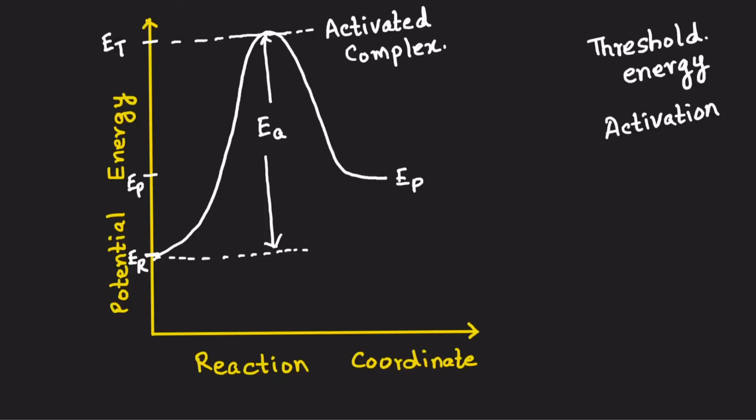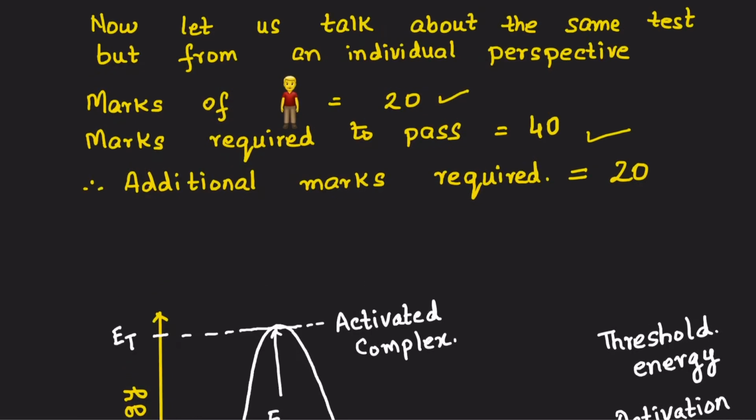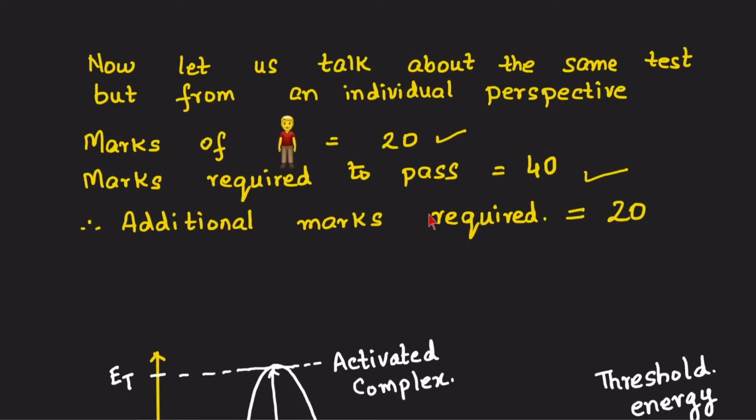Now what does temperature do? Temperature increases the heat of these molecules. So what happens is, just like this video is going to pep you up and it's going to pump energy into you, and you will start understanding the topic better. And what will happen to this student? Yes, he's easily going to score 40 and above, right?